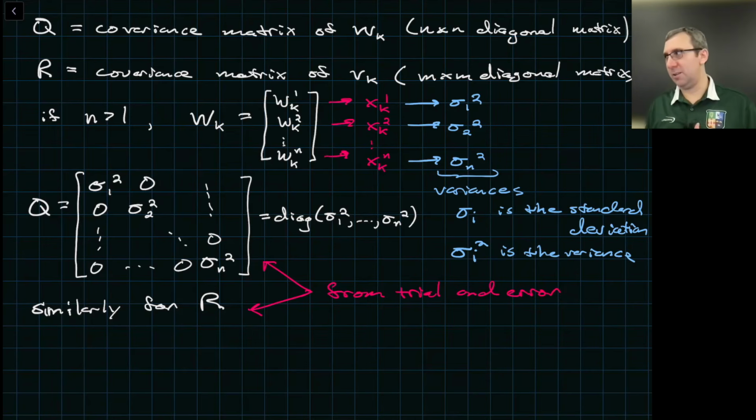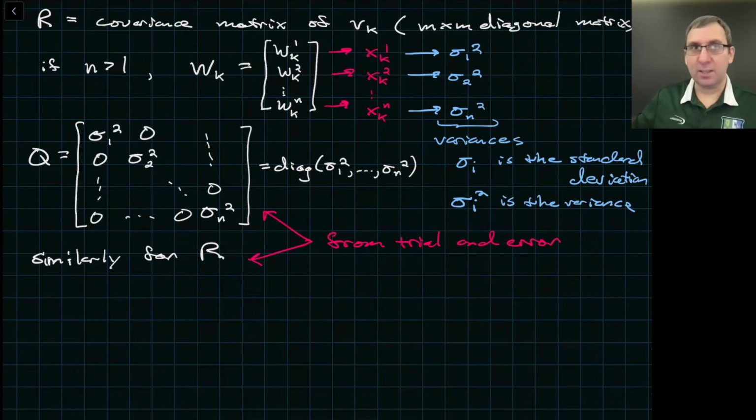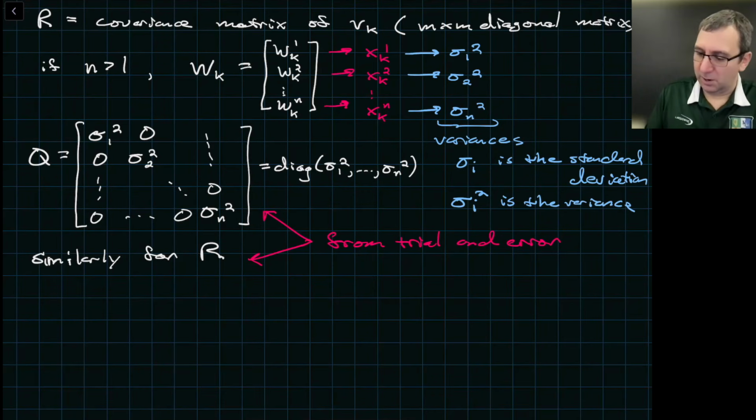If you know ahead of time that you expect large noise, it's not like the Kalman filter won't work. You just get better performance if you have these closer to the actual expected error. So it's probably better to overestimate the error, see how the Kalman filter does, and then start changing.